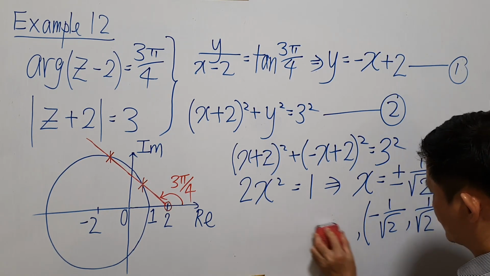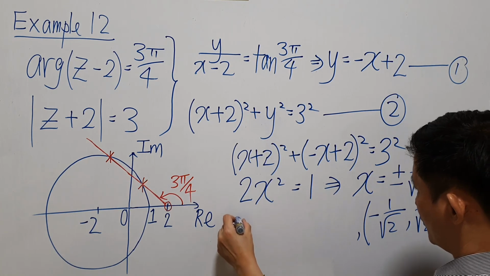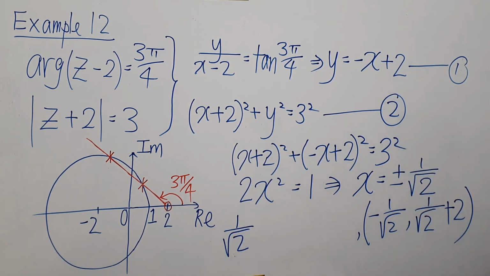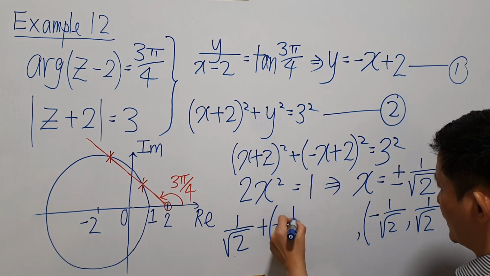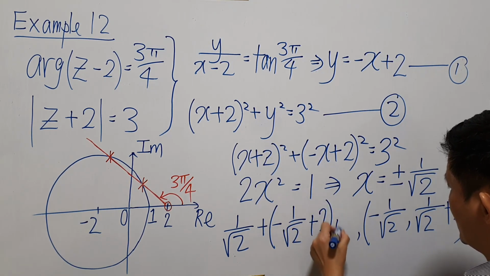You should write the 2 points as 1 over square root 2 plus (minus 1 over square root 2 plus 2)i.